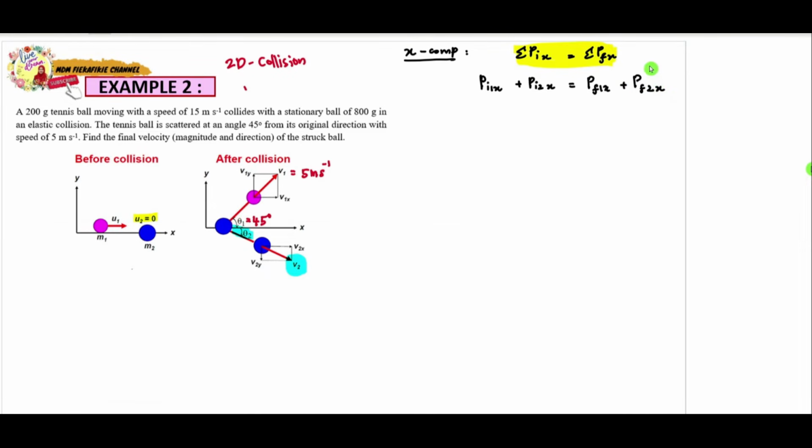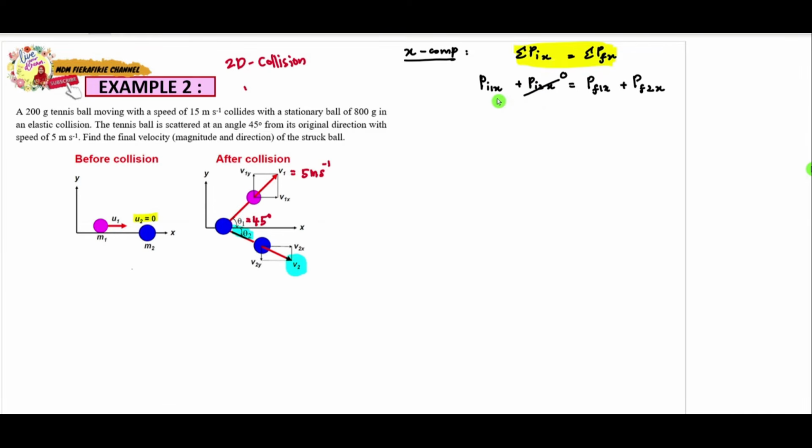Okay, so since initially objek M2 tidak bergerak, so dia takkan ada momentum. Ingat ya, momentum hanya untuk objek yang ada mass dan bergerak. P is equal to mv. So since before collision, mass 2 is not moving, so no momentum for M2. So saya terus saja potong kosong kat situ.